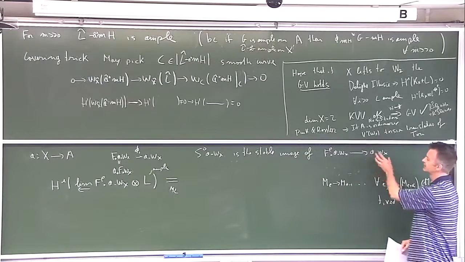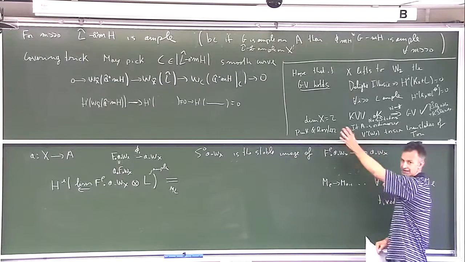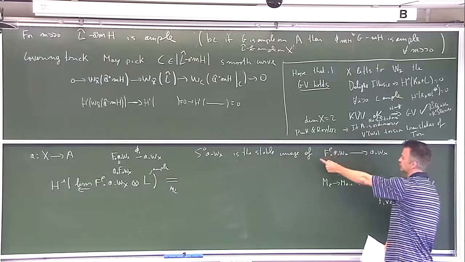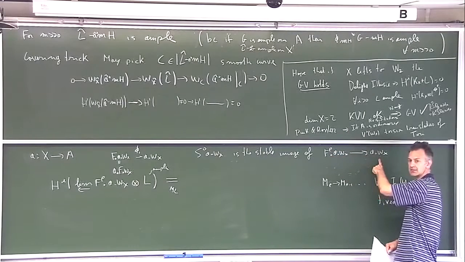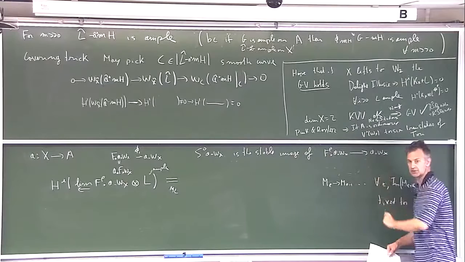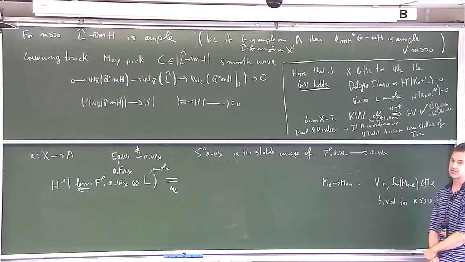Now, all of these look like iterates of the same thing. So the only one you have to check is that the image in the last one stabilizes in the coherent sheaf. And that's what Gabber's theorem tells you.